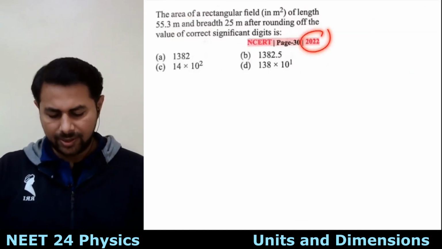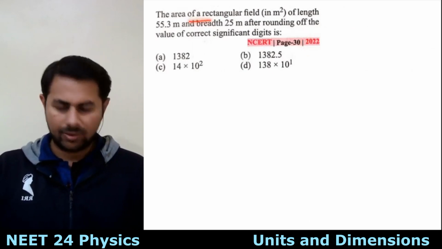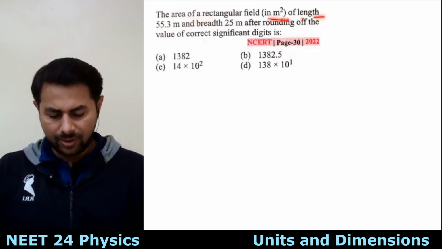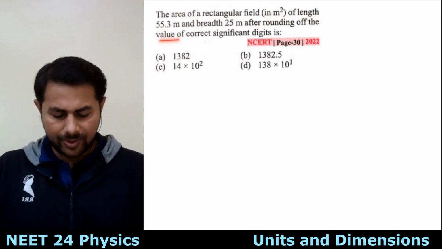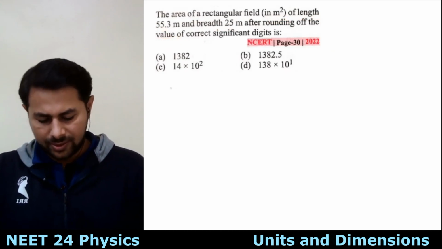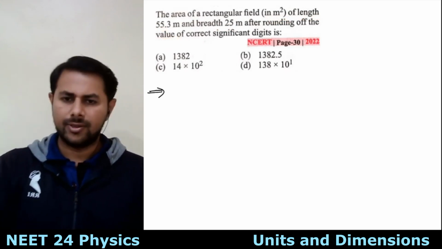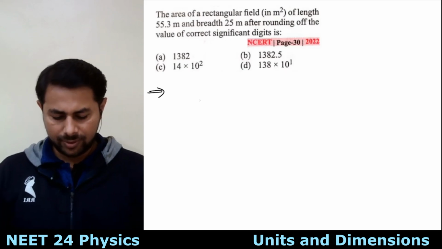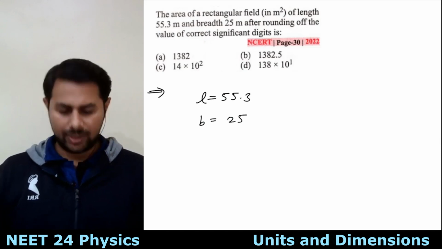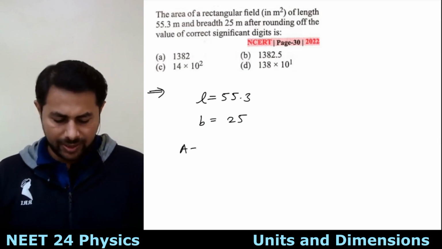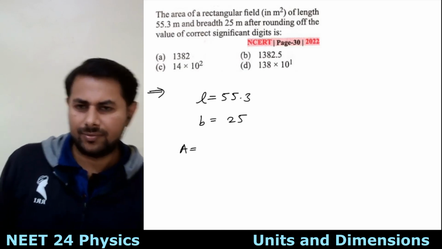This is from NEET. The area of a rectangular field in meters square, of length 55.3 and breadth 25, after rounding off the value to correct significant digits is. Tell me what will be the area. So length is 55.3 and breadth is 25. First of all, just multiply and tell me what is the area. Anyone?